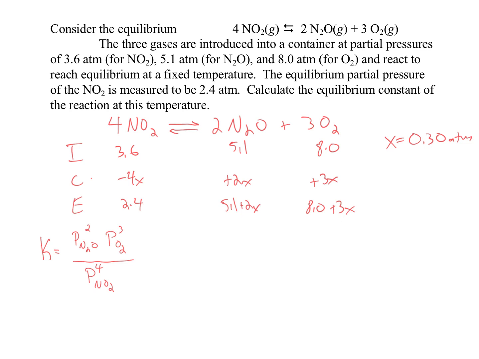The equilibrium pressure of N2O is going to be 5.1 plus 2 times X. But we already found that X was 0.3, so that means the equilibrium partial pressure of N2O is going to be 5.7 atmospheres. And the equilibrium partial pressure for oxygen is going to be 8.0 plus 3x.